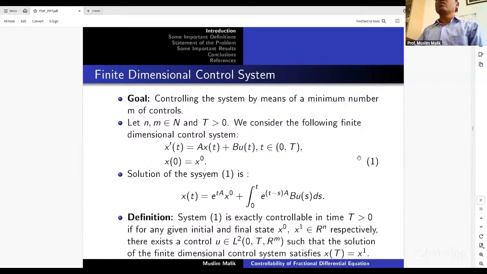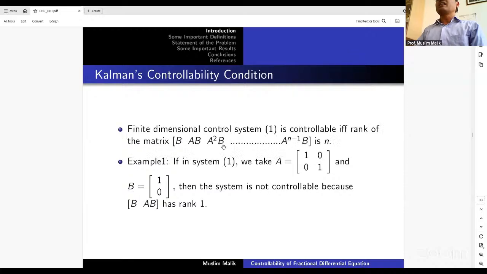We just need to know the rank of this augmented matrix. If the rank of the augmented matrix is n, then our system is controllable. This is an if and only if: if controllable, then the rank will be n; if the rank is n, then it will be controllable.